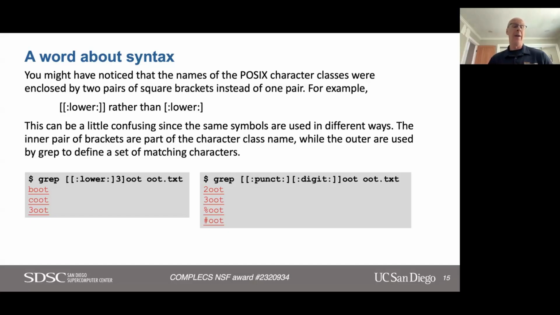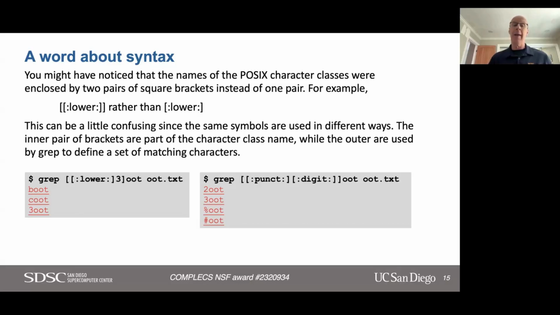So on the left, I'm looking for a match of a lowercase letter or the digit 3 followed by OOT. So here I'm going to have my outer set of brackets, and then within there, I'm going to have the lowercase letter character class and the digit 3.